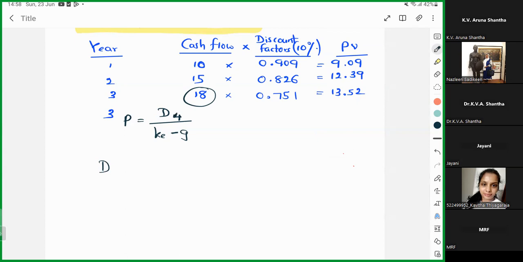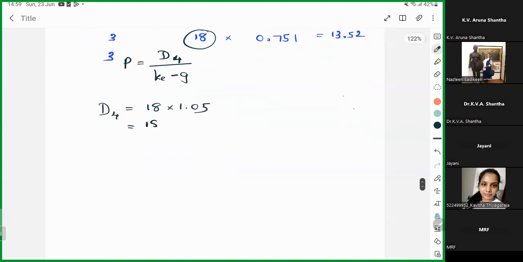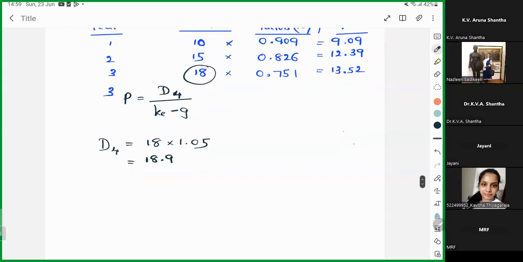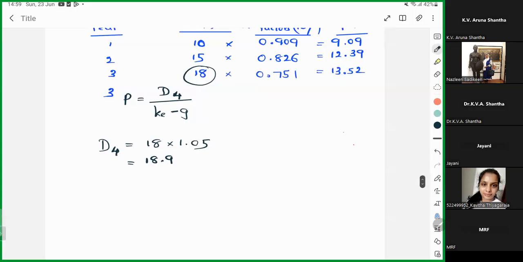Because we are at the end of year 3, D1 is the next year's dividend, which should be the fourth year. So how much is D4? 18 times 1.05. 18 increases by 5%: 18.9. So the next year's dividend D4, 18.9, divided by Ke minus g.